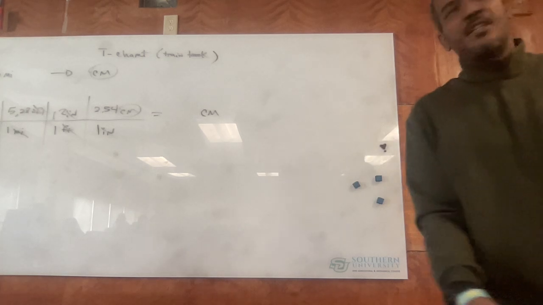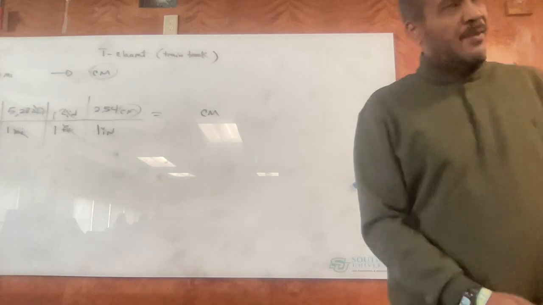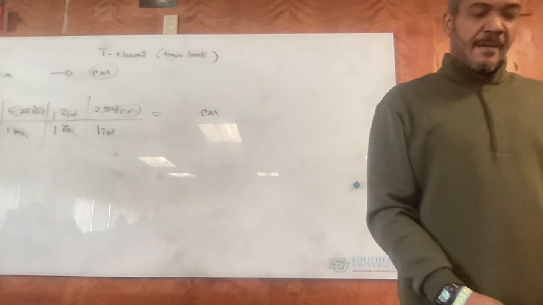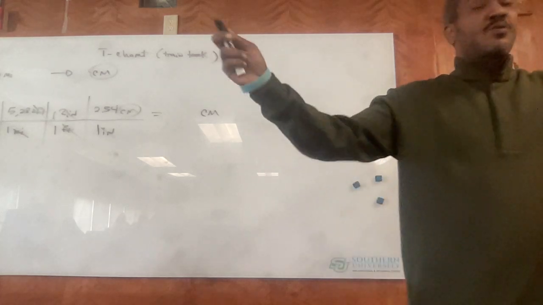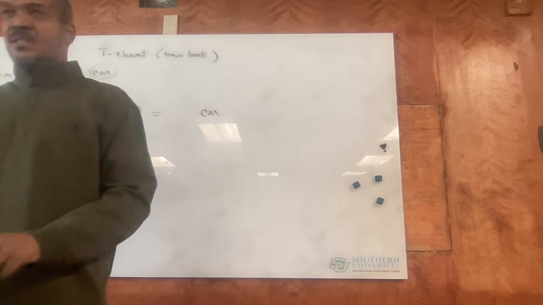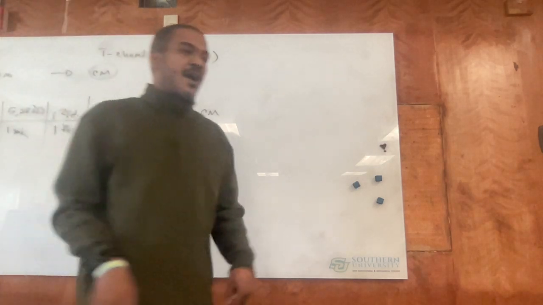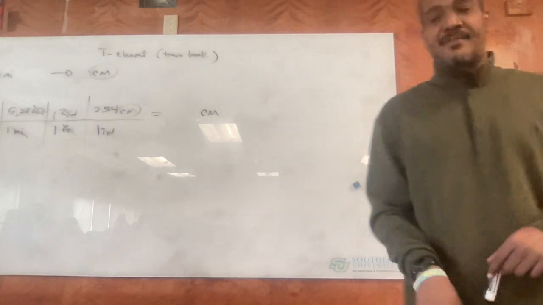If somebody in here didn't agree with $1 being $1, then if this were an economy, we'd be screwed, right? So we all have to agree on a correct answer.